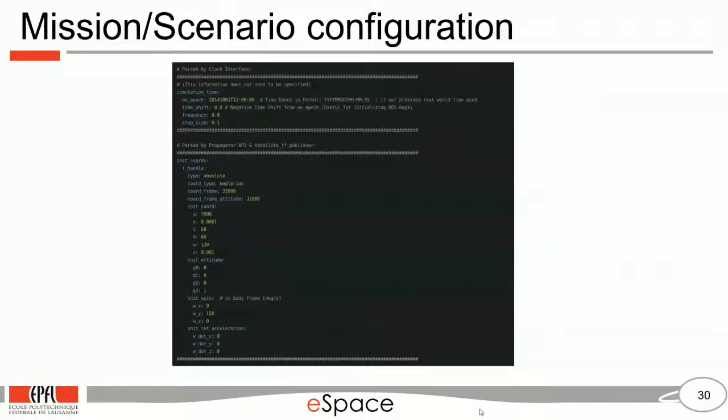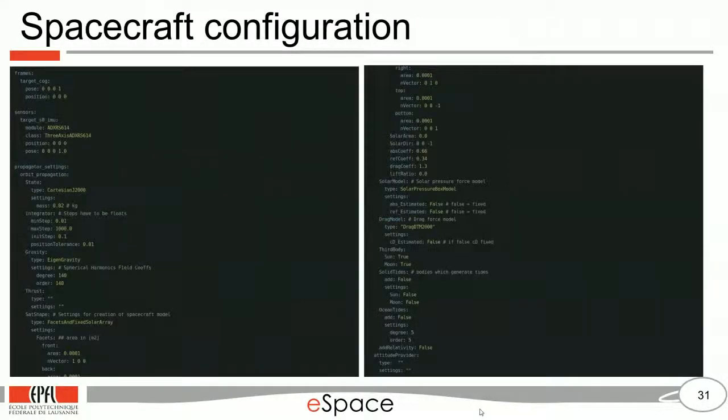This is, for instance, how we would define our initial conditions for the example I showed you before. You give the initial orbital elements, some initial states, some information about how you want the simulation to proceed. If you have a more complex satellite, you can define some sensors.